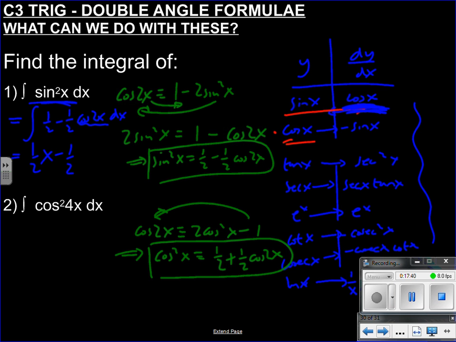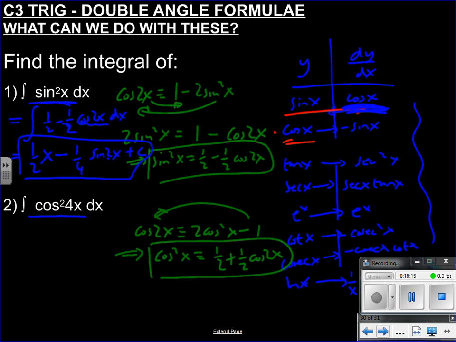But we're integrating it. So you're going to get sine 2x, and this 2 would pop out if we differentiated, but we're doing the opposite. So we need to divide by 2 rather than times by 2, and the minus is going to have to stay. Plus c. Now if you differentiate that to check, you'll see that this works. Okay, this is called reverse chain rule. You will do that a bit later.